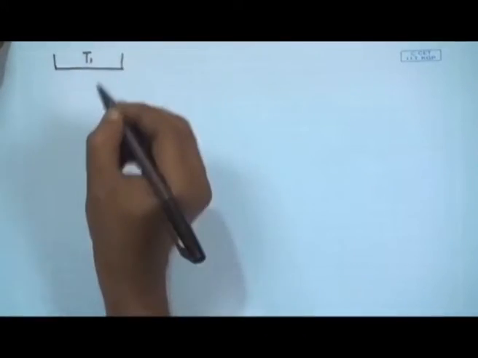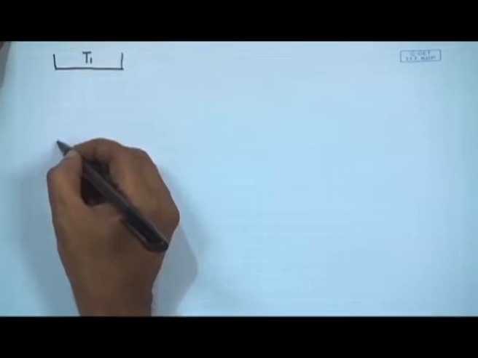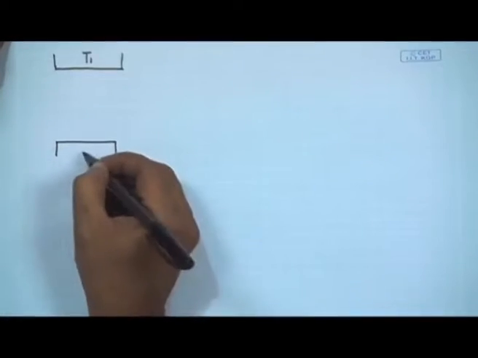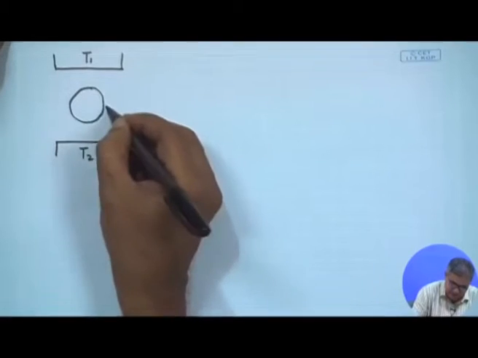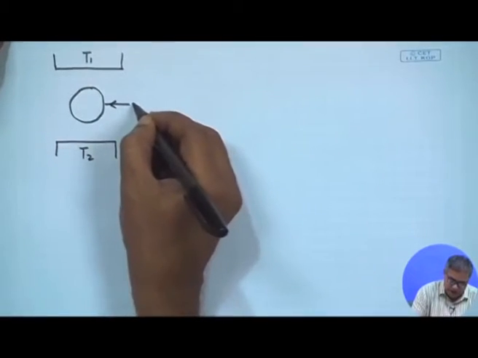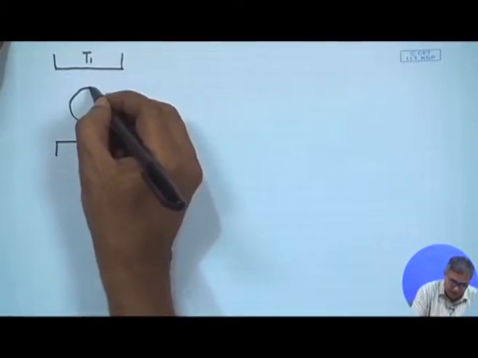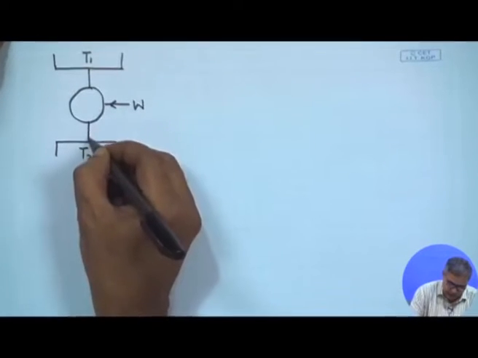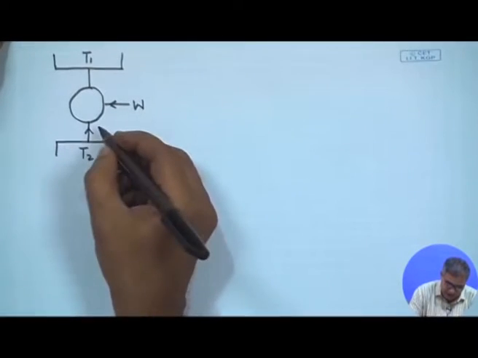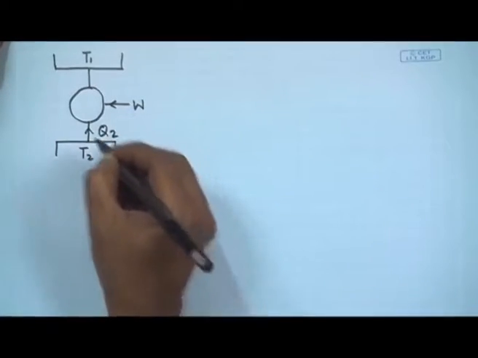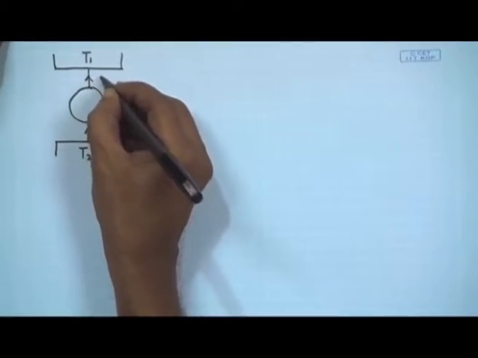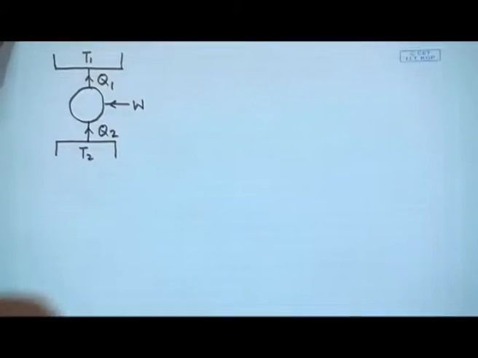This is T1 and this is another reservoir at T2. In between there is a cyclic device which is being operated with the help of work supplied from outside, and by this supply we are able to take Q2 amount of heat from the reservoir at T2 and supply Q1 amount of heat to the reservoir at T1.